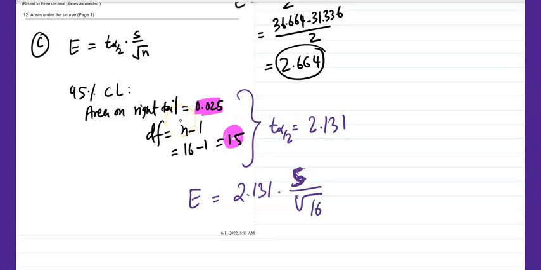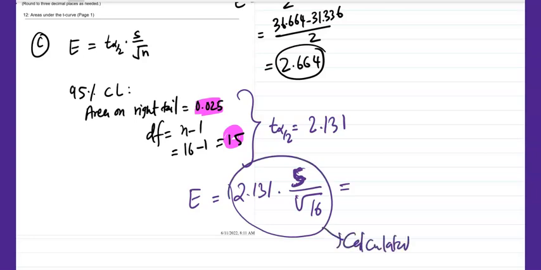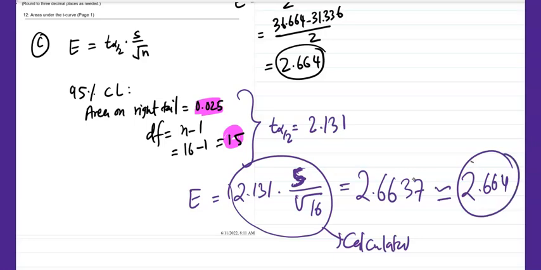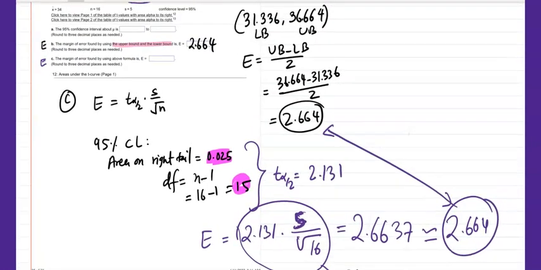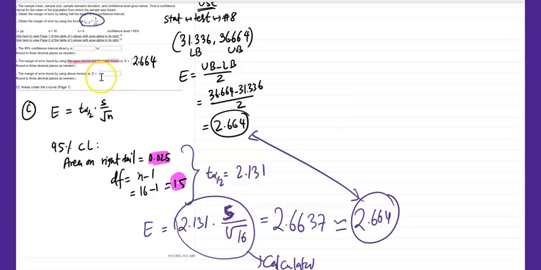So I put everything in the calculator and I get 2.6637, and if I round it to 3 decimal places, it's 2.664, which is the same as we got from the upper bound, lower bound. Notice that in both cases you get the same margin of error. Either you use the formula or upper bound, lower bound, you get the same answer.